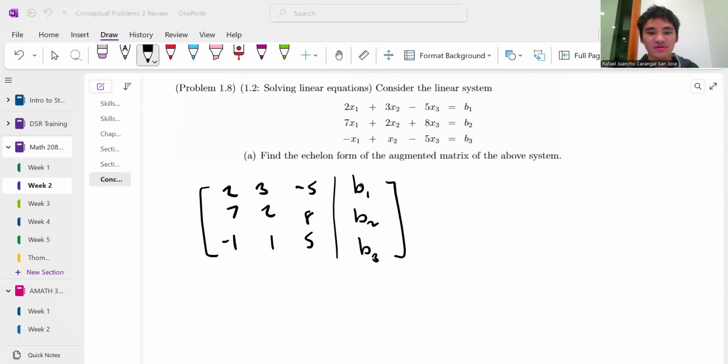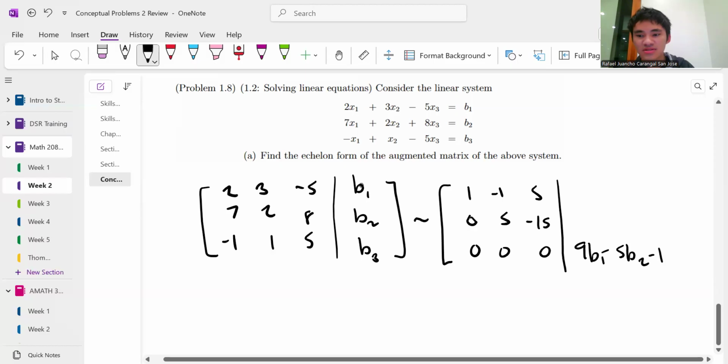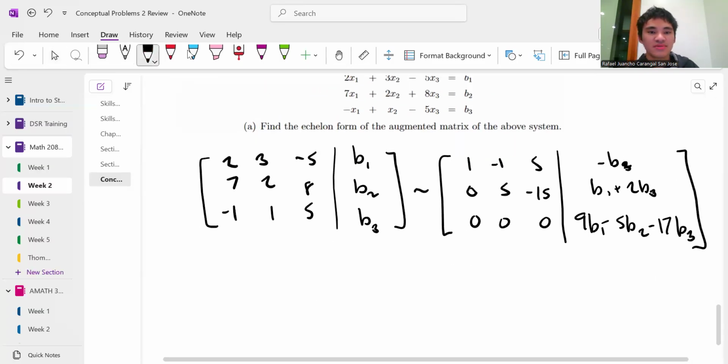You want to find its echelon form, so I'm not going to go through the steps, but basically it's going to be like this. 9 b sub 1 minus 5 minus 17 b1 plus 2b3 b2 or b3. Right, so that's the echelon form. Done.